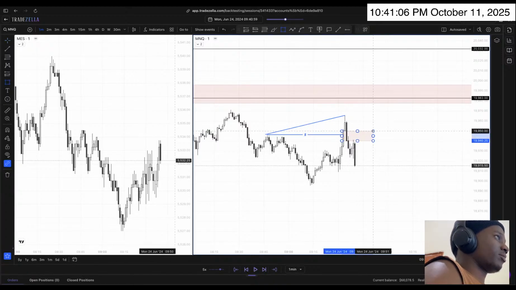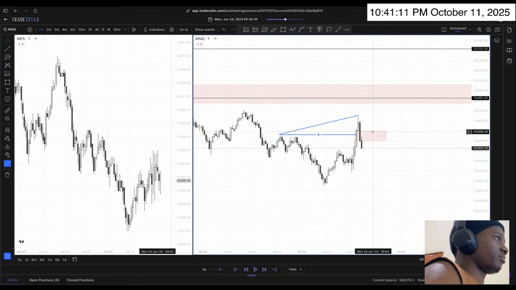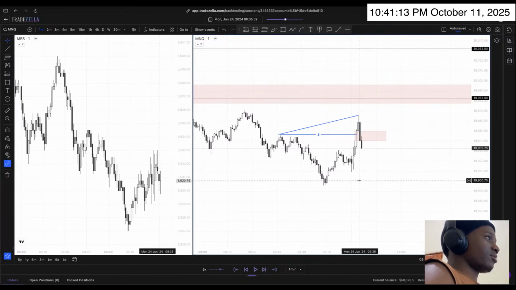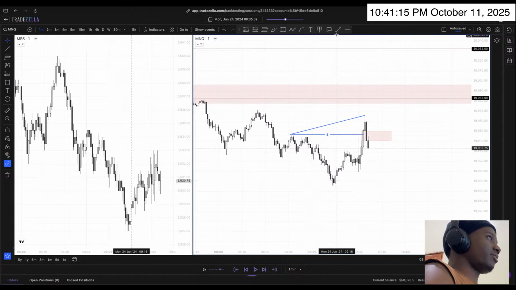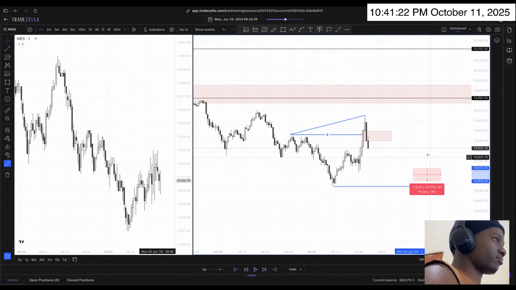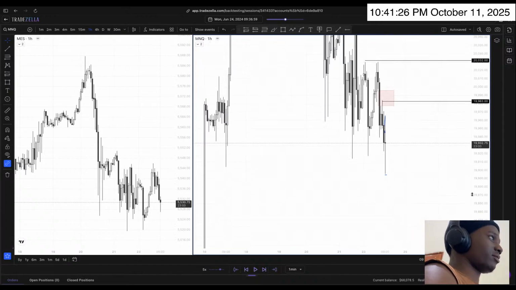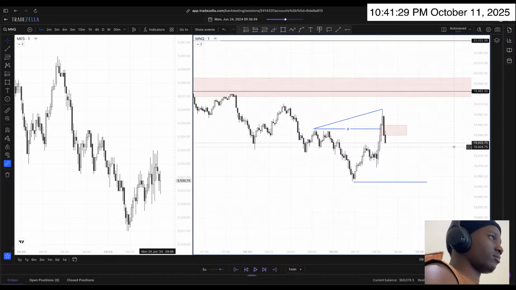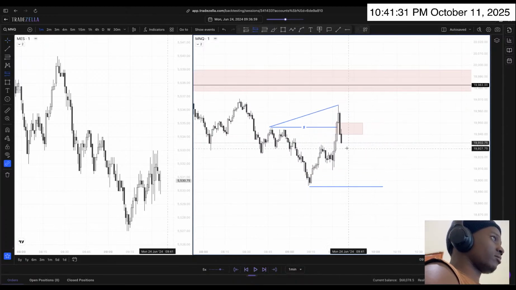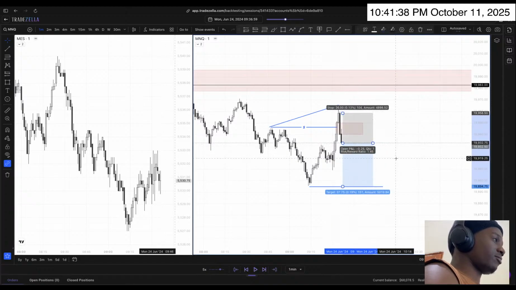But the problem, I don't like to take entries that early. So this should have been my entry, 936, and obviously break even once this low gets hit. Check the 1 hour. Well. This should be like 1 to 1.5.